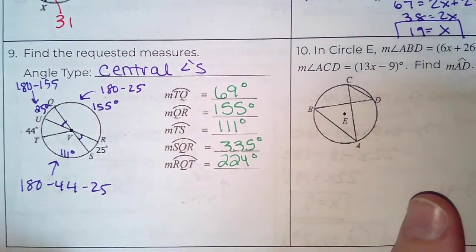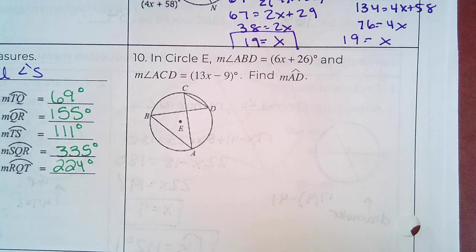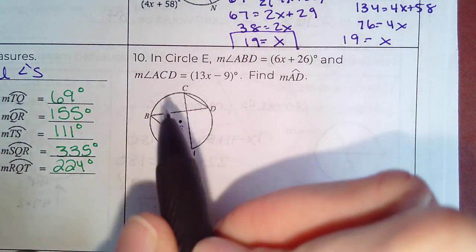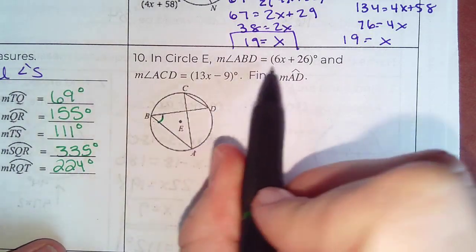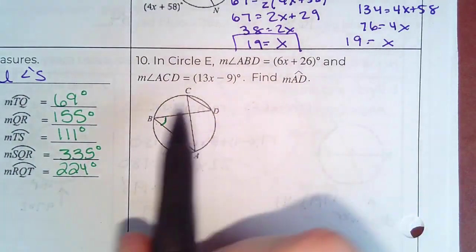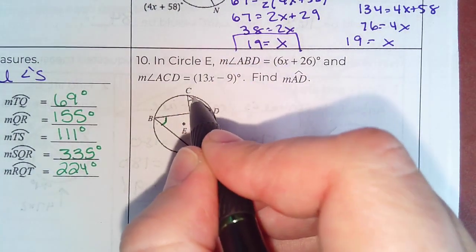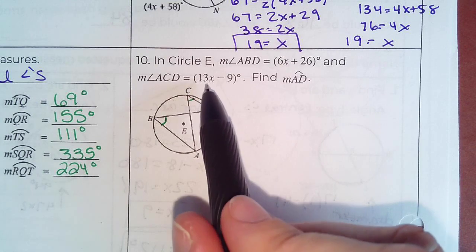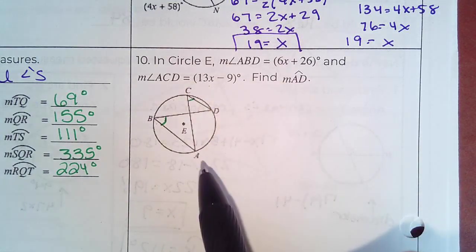Last one for today. It says in circle E, measurement of angle ABD is 6x plus 26, and measurement of angle ACD, this angle here, is 13x minus 9. Find arc AD.